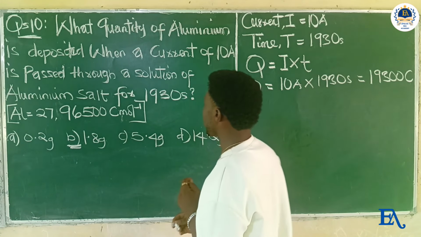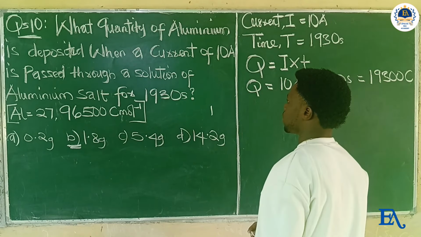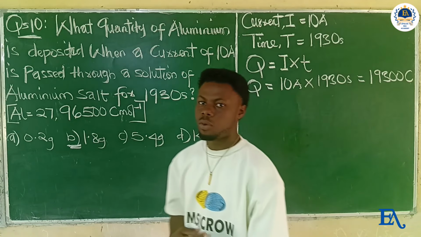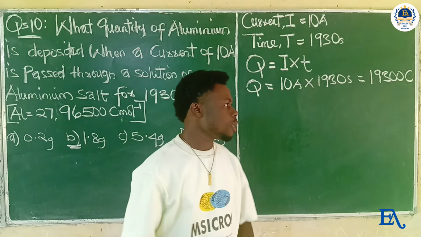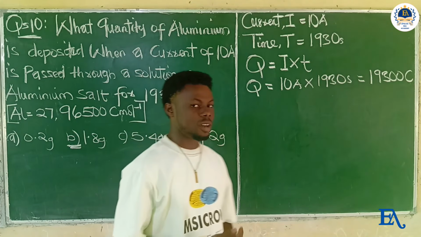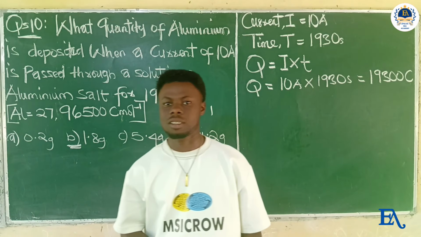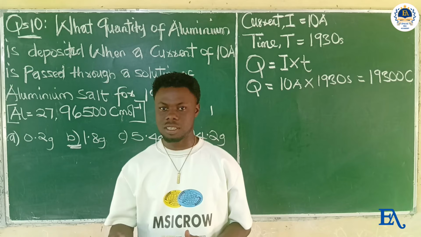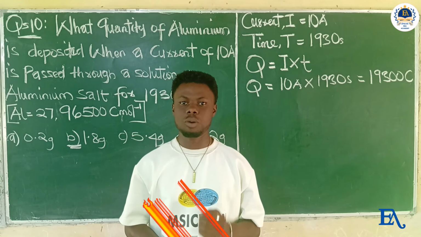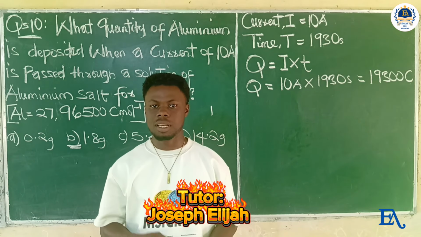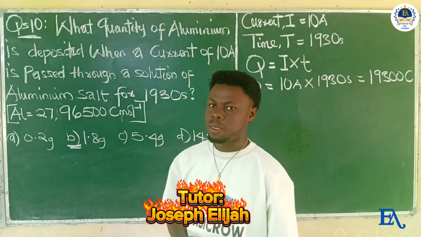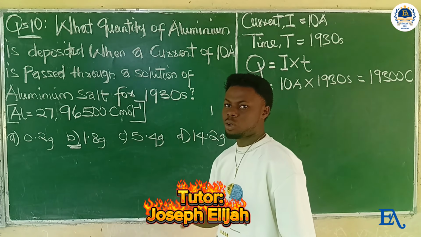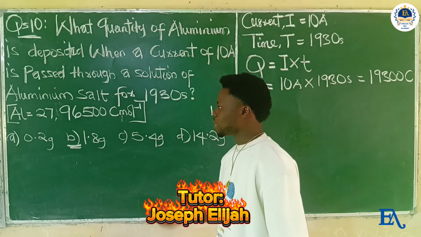19300 coulomb. So that's the first thing we must determine. Now from the question, we have what quantity of aluminium is deposited. To determine the quantity of aluminium deposited, we have to apply Faraday's second law of electrolysis, which states that when the same quantity of electricity is passed through different electrolytes connected in series, the relative number of moles of the element liberated or deposited during an electrolysis is inversely proportional to the charges of the ion of each of these elements respectively.